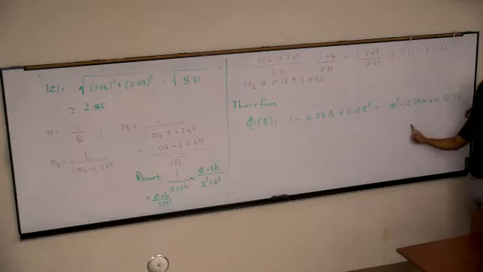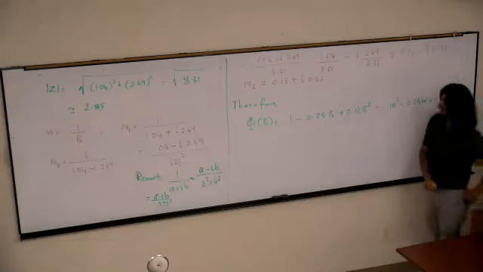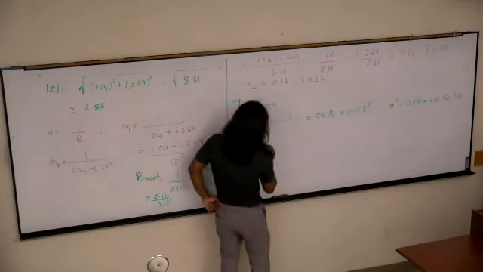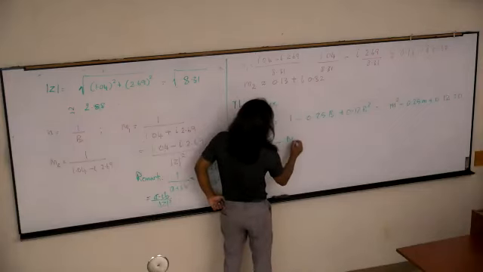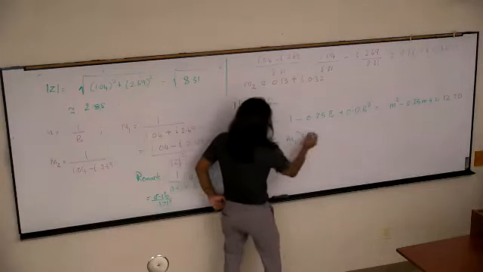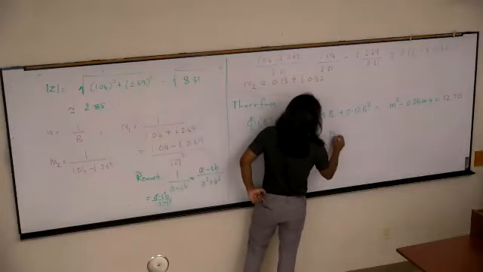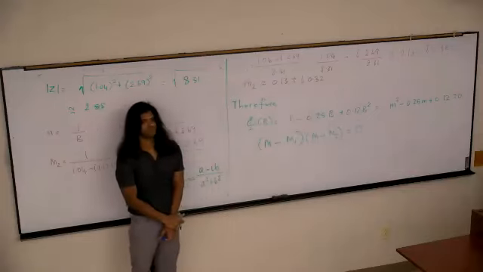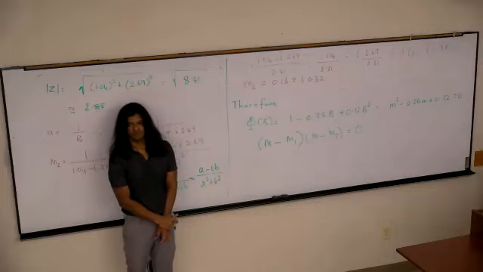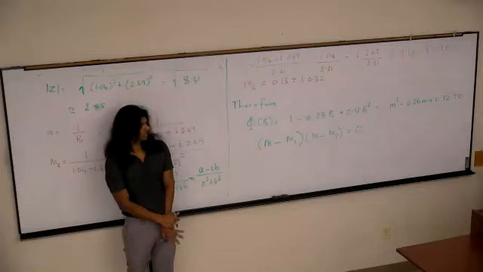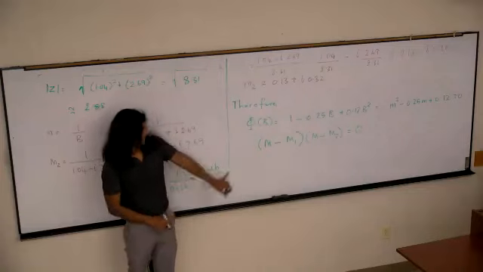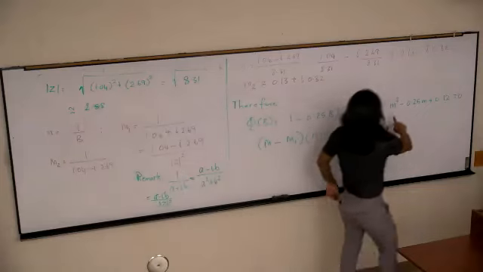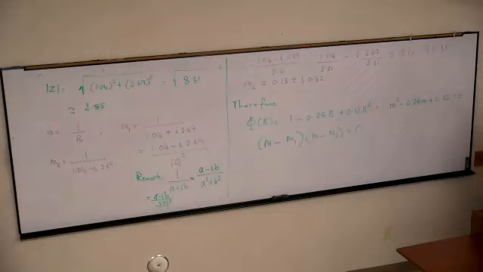The first root is m1, the second root is m2. m is my variable in the equation.